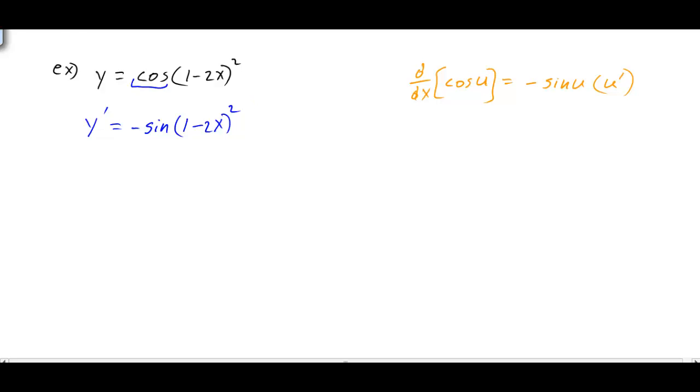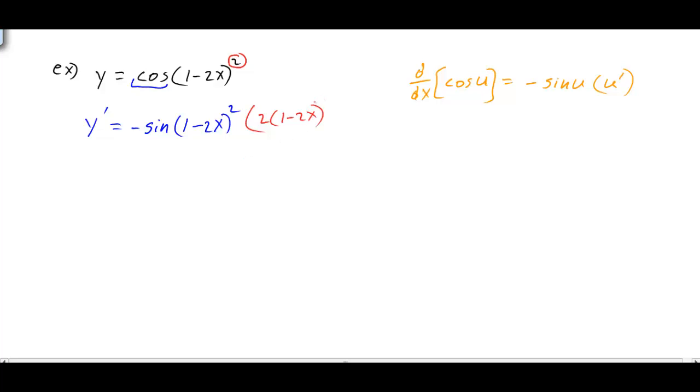Now we need to take the derivative of the inside function. Well, the inside function is 1 minus 2x squared. This is going to cause us to use the chain rule again, because here we need to take the derivative of the squared part. So that means we're going to multiply the 2 out front, so it's 2 times 1 minus 2x.